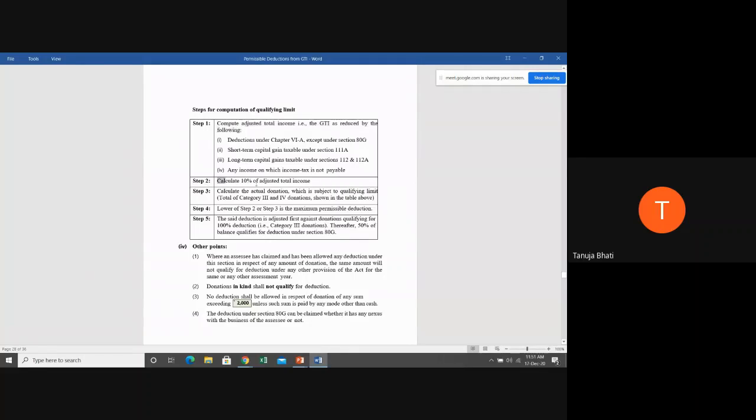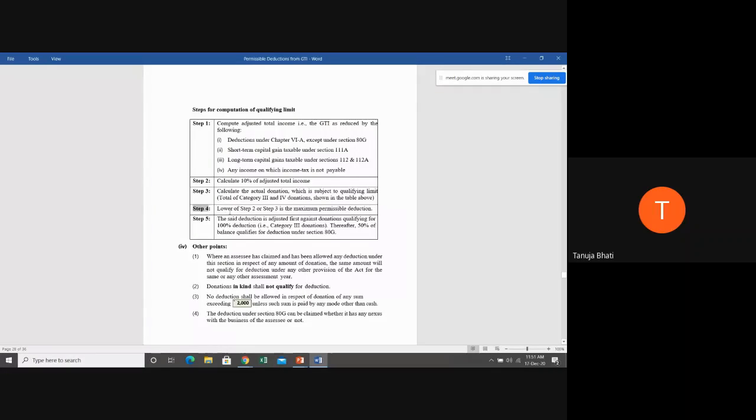Step number 2, you have to calculate 10% of adjusted total income. That becomes your qualifying limit. Step number 3, calculate the actual donation which is subject to the qualifying limit, that is from category 3 and category 4. You have to calculate what is the actual donation made.